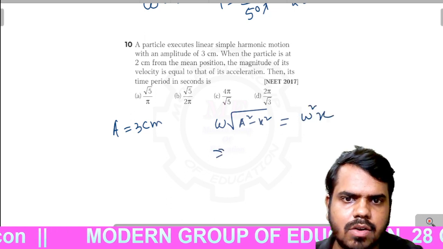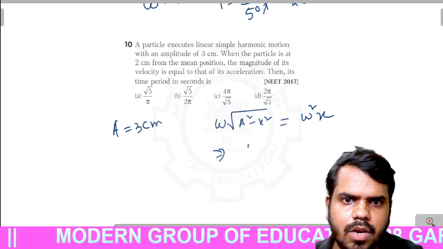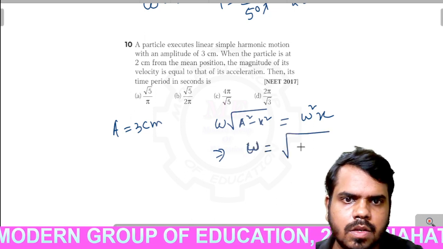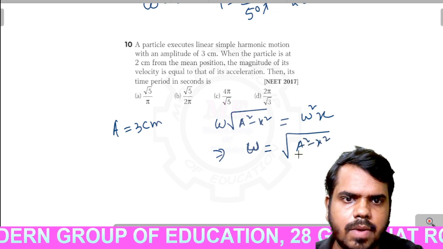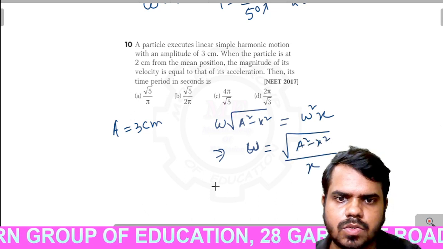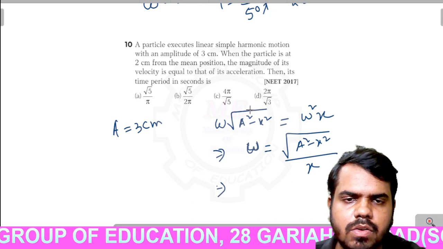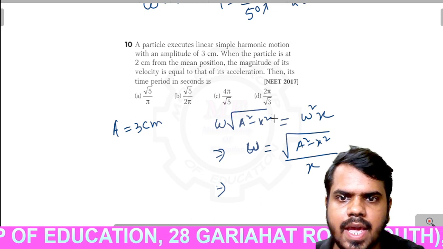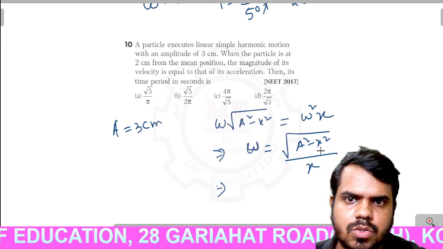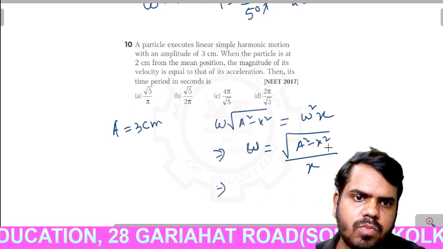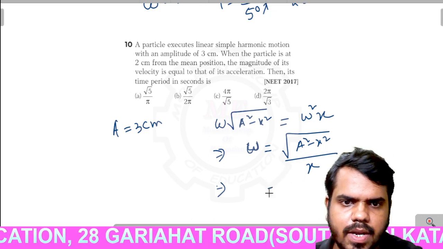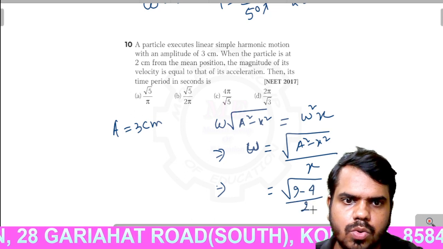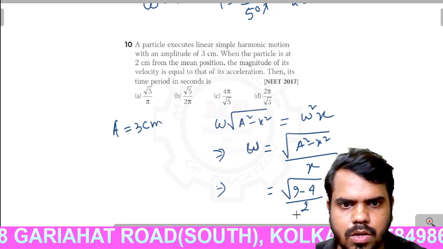So omega will cancel out, and omega will be root over of a square minus x square by x. What you have to find is the time period, that means omega. So a is 3 square and x is 2. So 3 square minus 4, that is 9 minus 4, by 2, that means root 5 by 2.